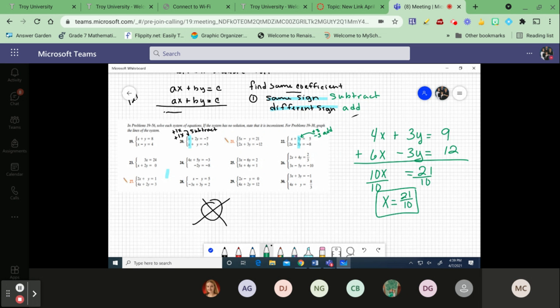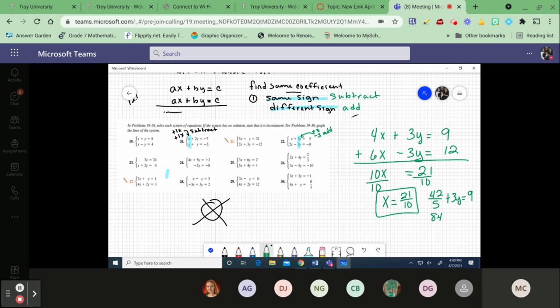All right. So 4 times 21 over 10 is going to be 42 over 5. Yes? Check my math, guys. Plus 3y equals 9. And 42 over 5, let's go to a decimal. Is 8.4? Okay.